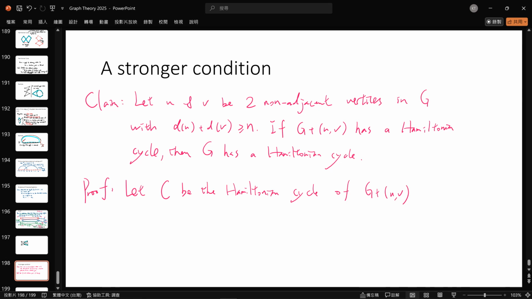So because in this claim, the assumption is that the new graph has a Hamiltonian cycle. So let's just use this new graph, which has a Hamiltonian cycle, and we use this Hamiltonian cycle to build a Hamiltonian cycle for the original graph. Okay.